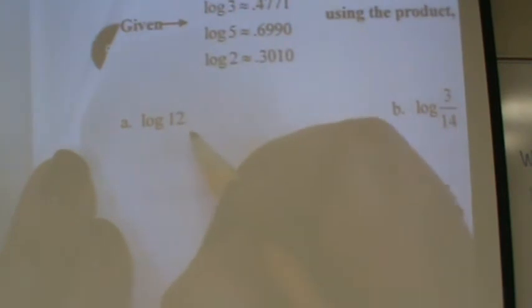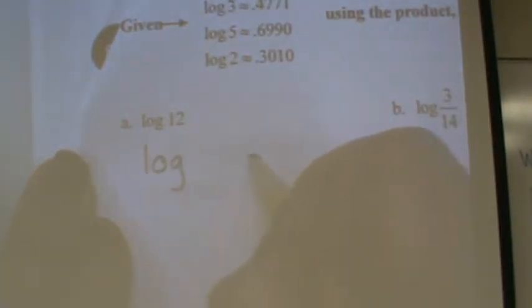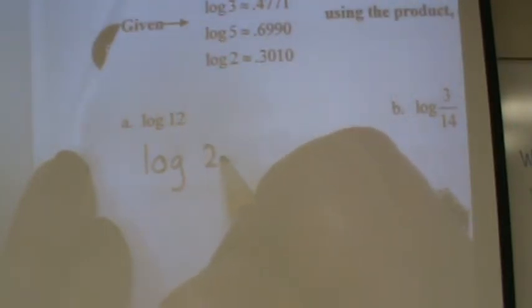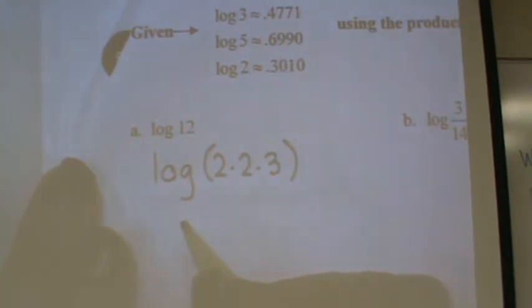This is given to you, the 7, the 3, the 5, and the 2. With a product, how can you get 12 using a 7, a 3, a 5, and a 2? Anyone? How about 2 times 2 times 3, right? Doesn't that give you 12?